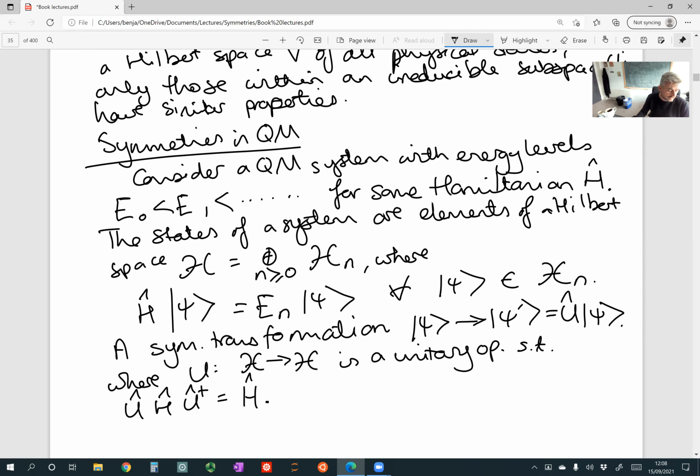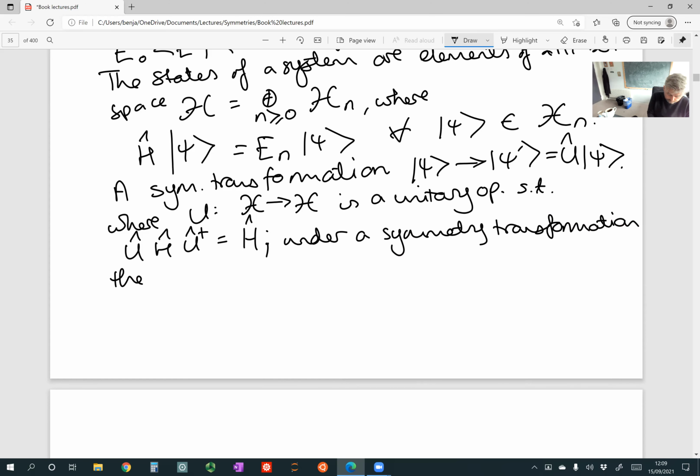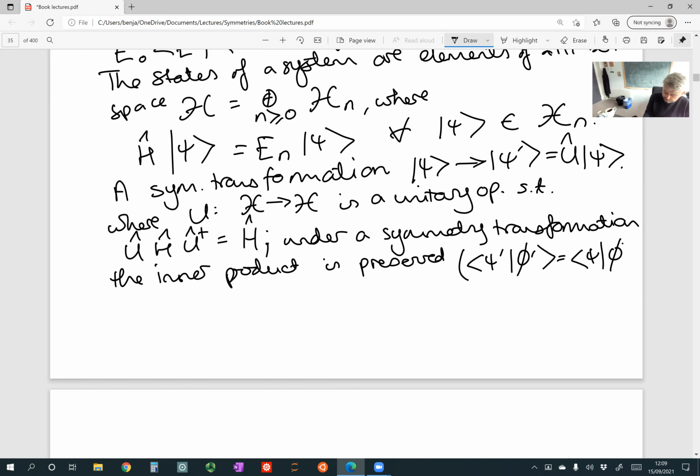Why is that a symmetry? Well, under a symmetry transformation, the inner product is preserved. So in other words, <psi'|phi'> is <psi|phi>. So the brackets remain invariant and the energy is conserved.